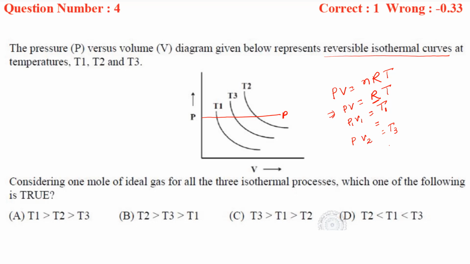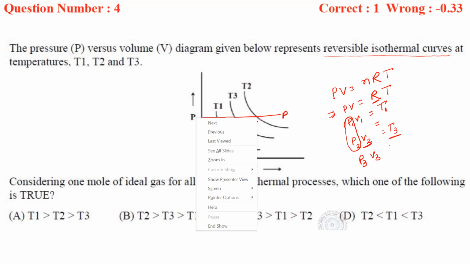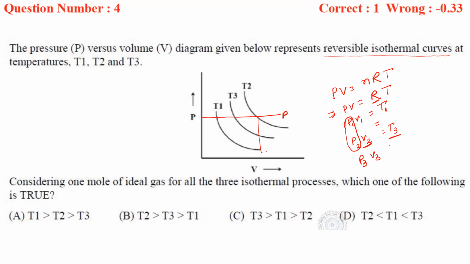So P into V2 will be P2 into V2. Since P1 and P2 are equal, V2 has to increase. When V2 is increasing, that means the temperature T3 has to increase. Similarly for P3 into V3: this is V3, this is V2, this is V1.